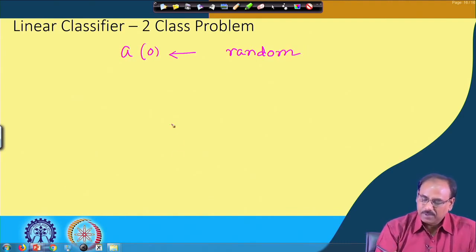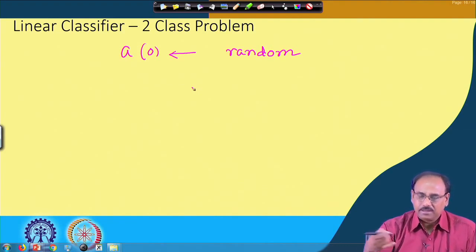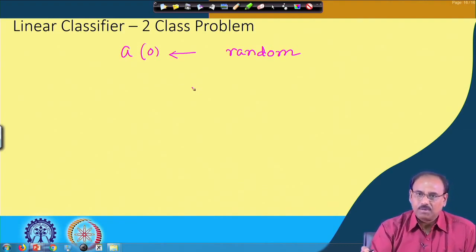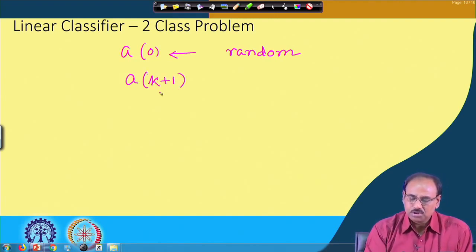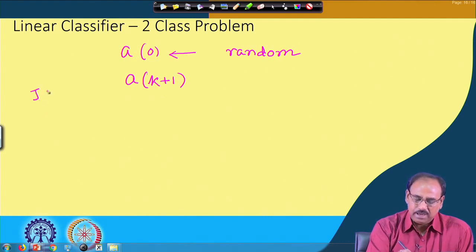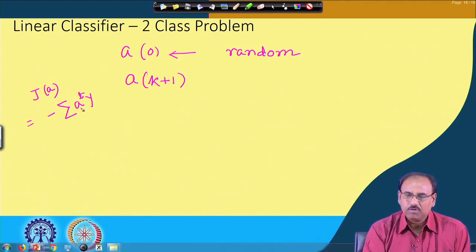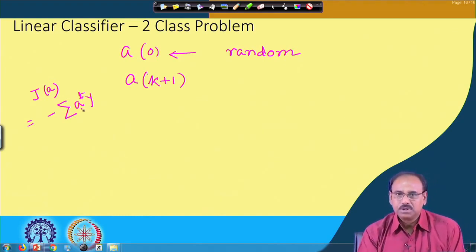And then if I have A k at the kth iteration, from there I want to find out A k plus 1, which should reduce my error J(A), which was of the form minus A transpose y, and for that I go for the gradient descent approach.